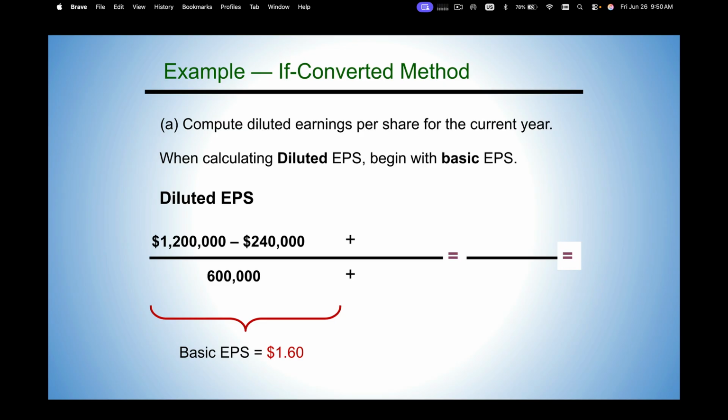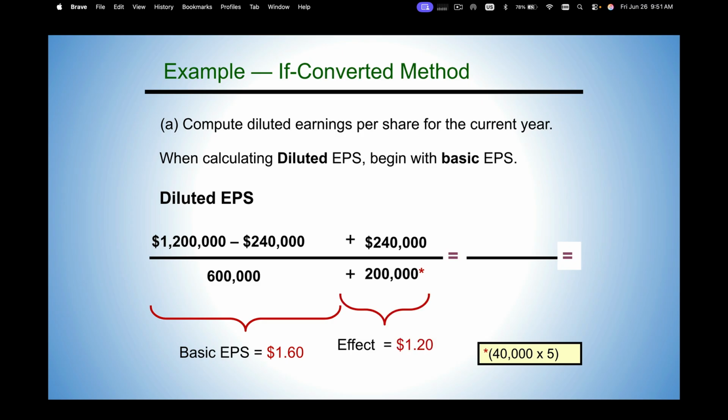Now, let's do the if-converted method. Start with the $1.60 basic, and we're assuming that the preferred stock is actually converted, so our income available to common would be 1.2 million because you would not get the dividend if it was converted. And if it was converted, it would be converted into 200,000 shares. Each share of preferred is convertible into 5 shares of common. And so the marginal effect is 240,000 divided by 200,000, or $1.20.